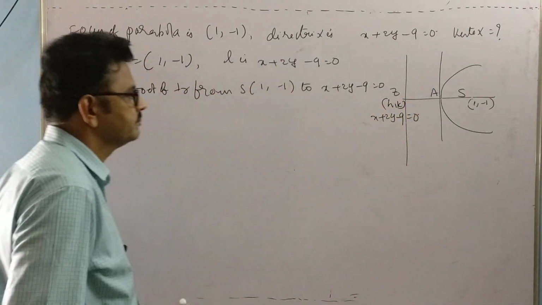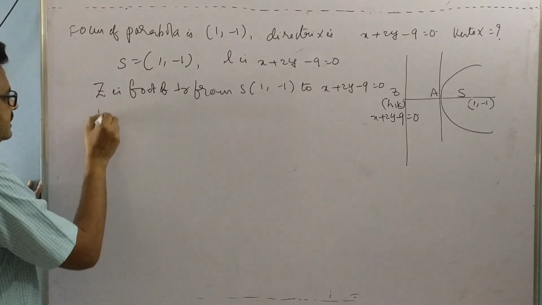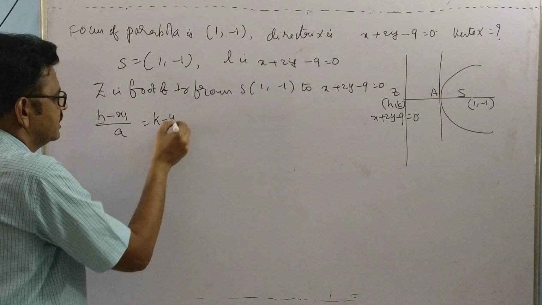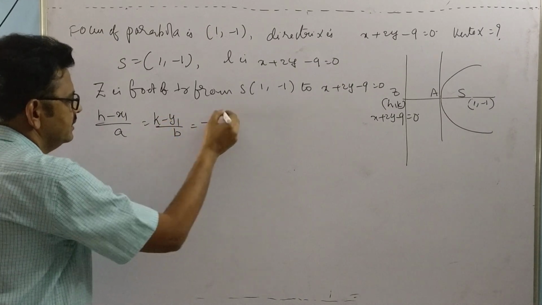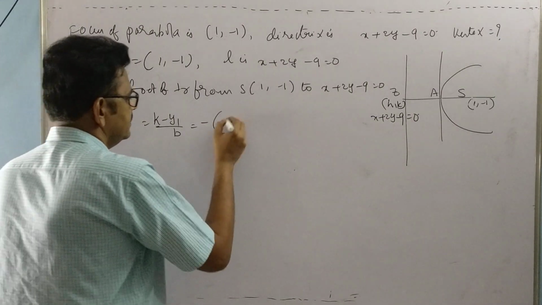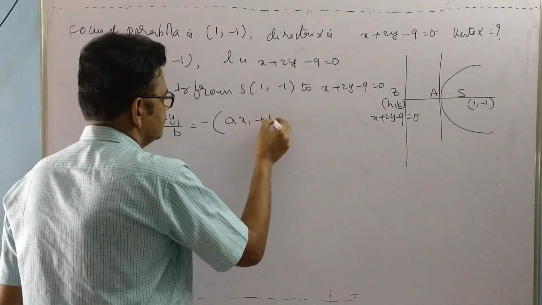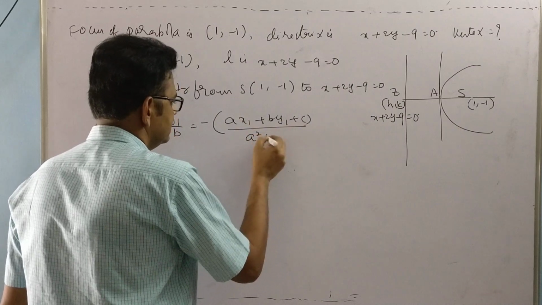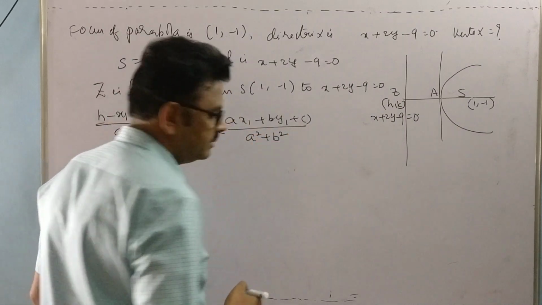You know the theorem, that formula, h minus x1 by a equal to k minus y1 by b equal to minus of ax1 plus by1 plus c by a square plus b square.